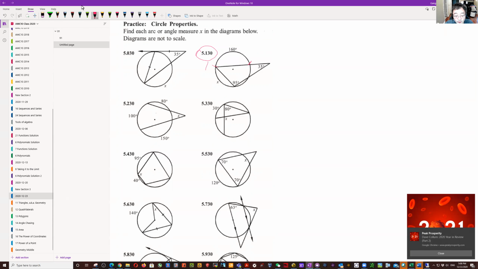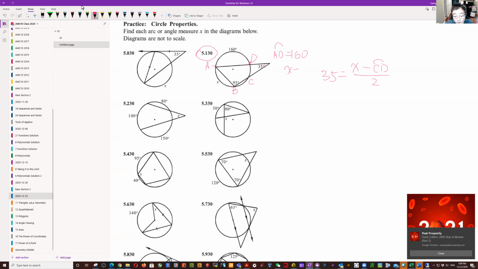You can label it A, B, C, D. So arc AD is 160. And then this part is 35, which is X minus arc CD, divided by 2. So that's what it is.